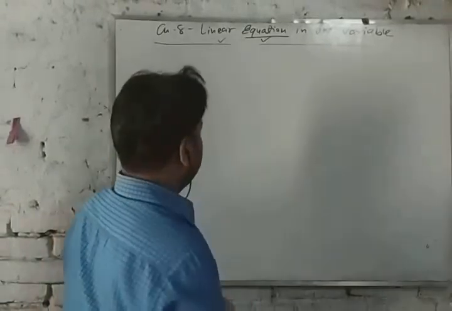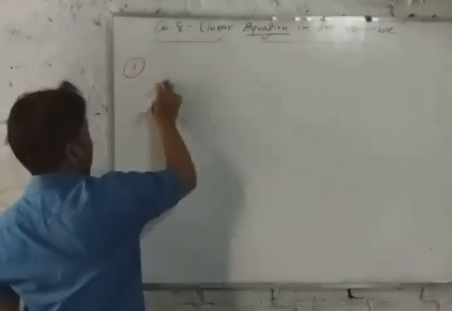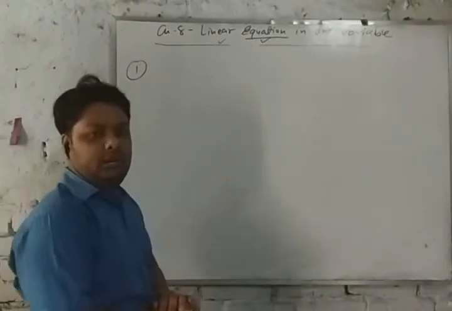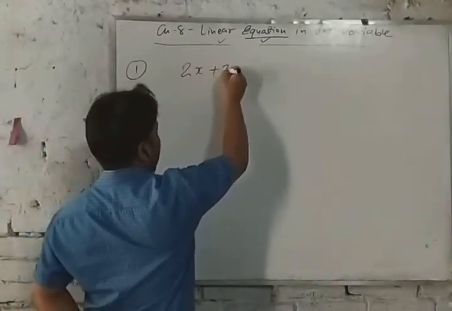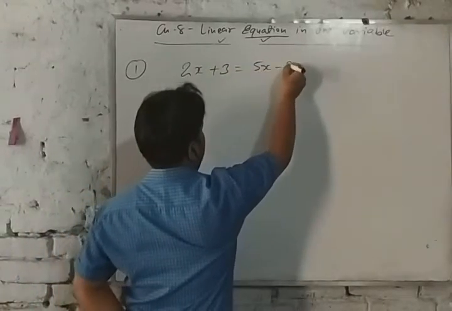Let's see the first question, and we will solve it with the help of the transposition method. The question is 2x plus 3 is equal to 5x minus 3.